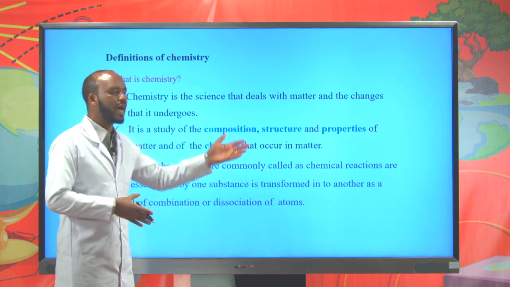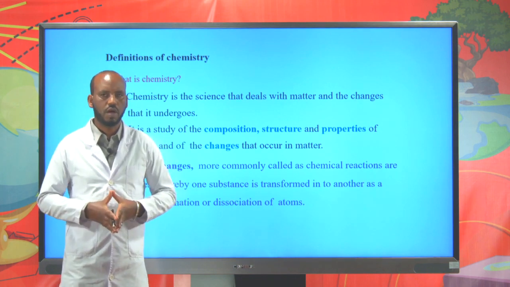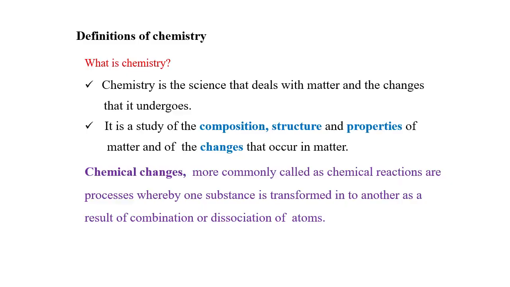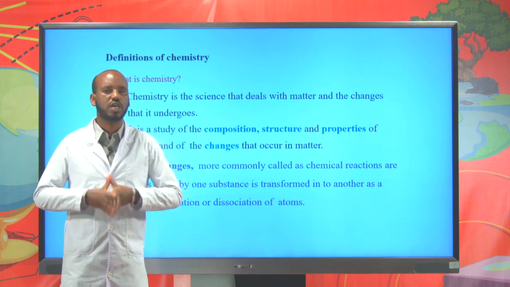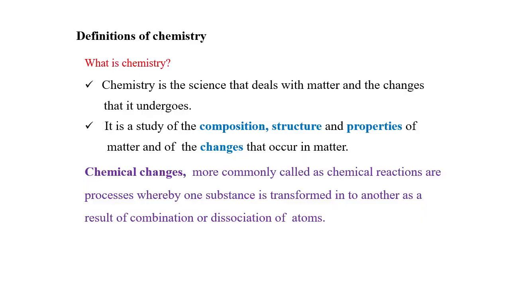Changes are of two types, physical change and chemical change. What is the difference between chemical change and physical change? Chemical changes, more commonly known as chemical reactions, are processes whereby one substance is transformed into another as a result of combination or dissociation of atoms.